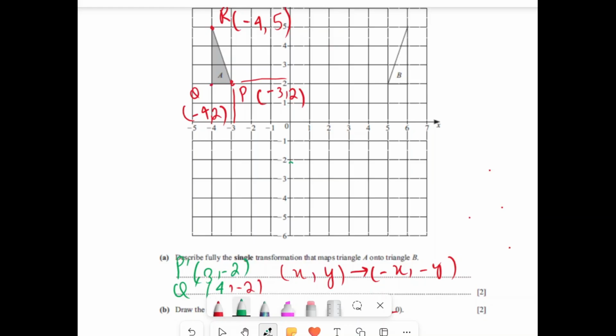And R dash will be positive 4 and negative 5. Let's draw these points over here. So P dash, positive 3 and negative 2, will be our P dash. Q dash is positive 4 and negative 2, so this will be our Q dash. And R dash is positive 4 and negative 5, so it will be over here. We will draw straight lines.